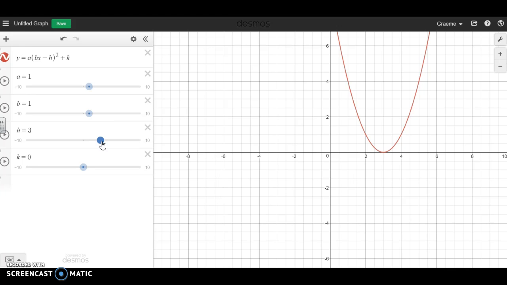But remember, it's just the 3 that I'm concerned about. The sign does not stay with the value in this formula for the h. So when h is 3, 3 to the right. When h is negative 3, I'm moving to the left 3 units. If it's negative 2, I've moved 2 units left.